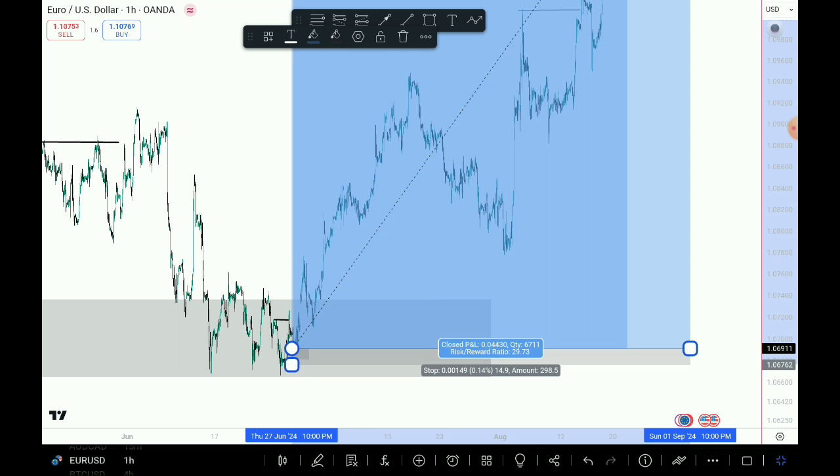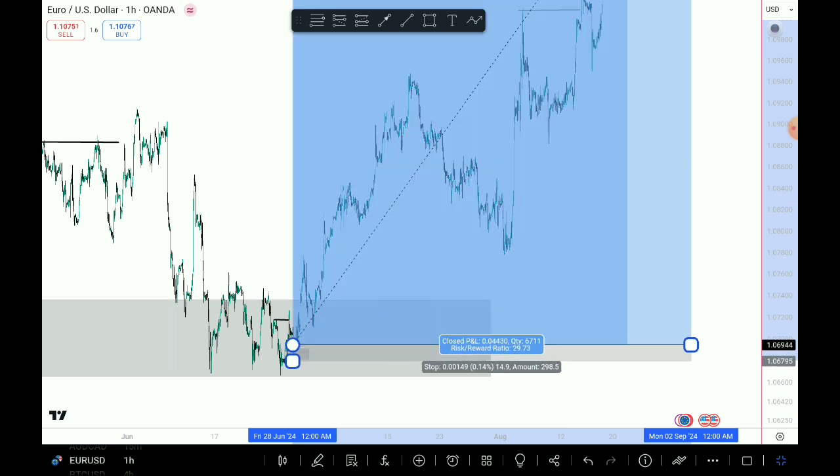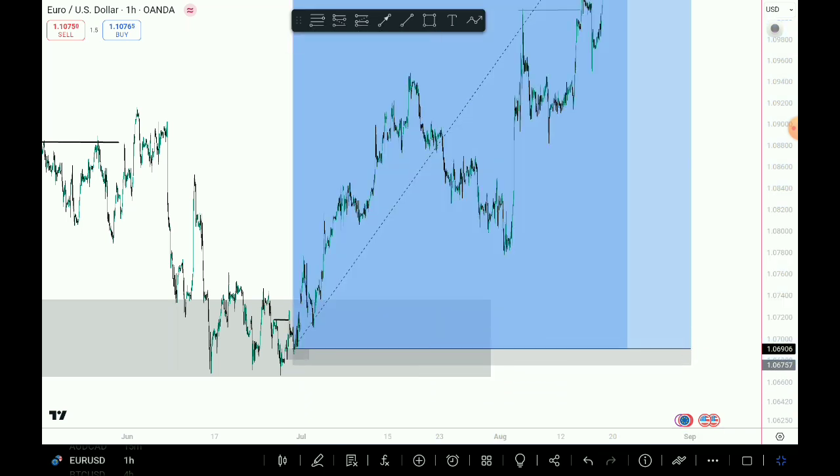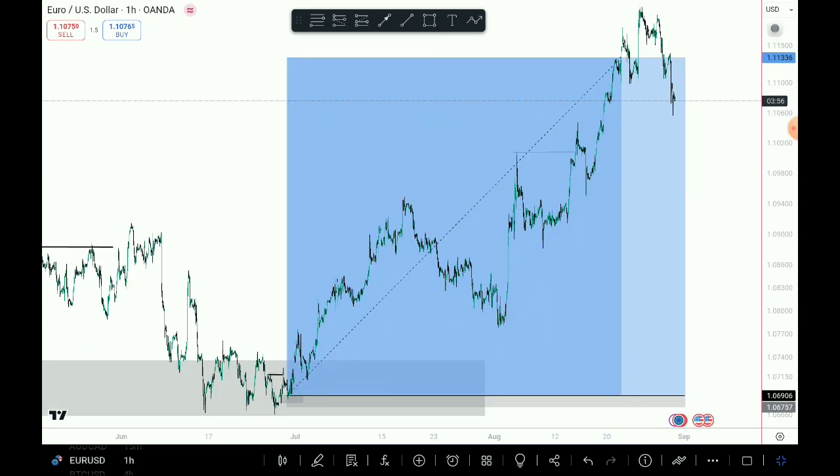It makes your stop loss very low, and especially if you're trading a very small account, you wouldn't have taken like 91 pips as a stop loss on a trade. So let's check our TP. Our TP will still have been 443 pips.